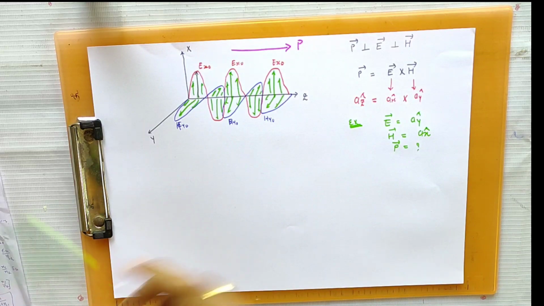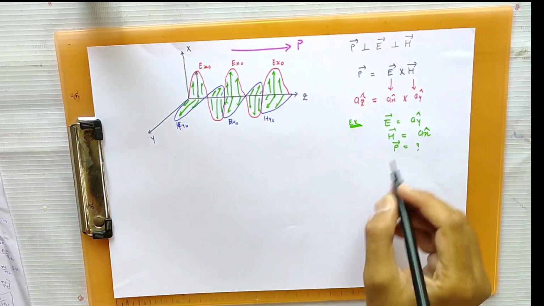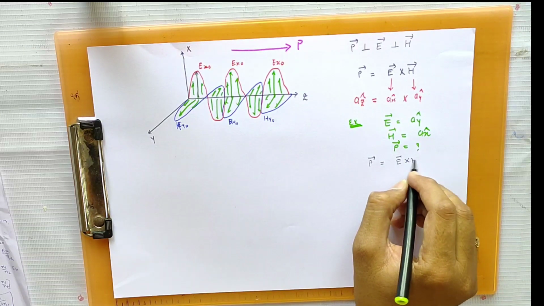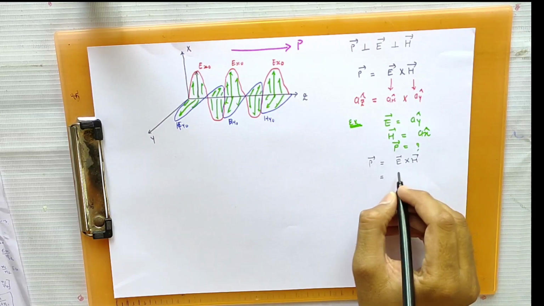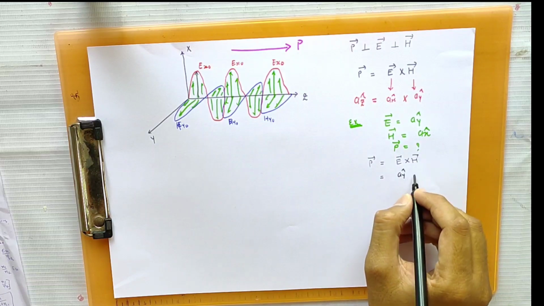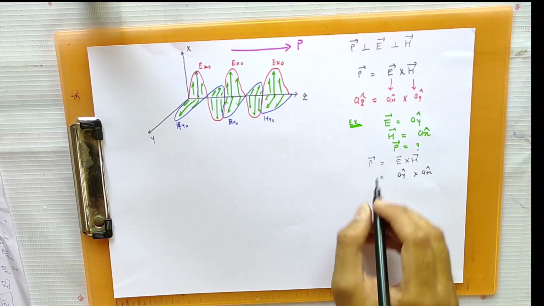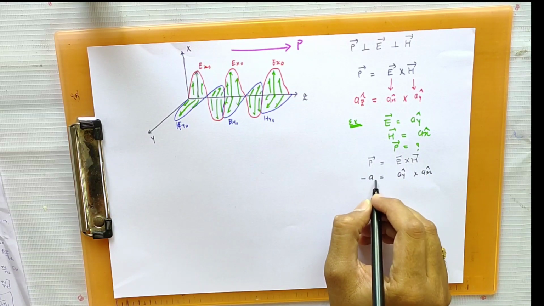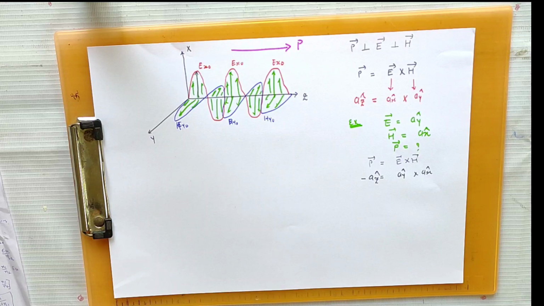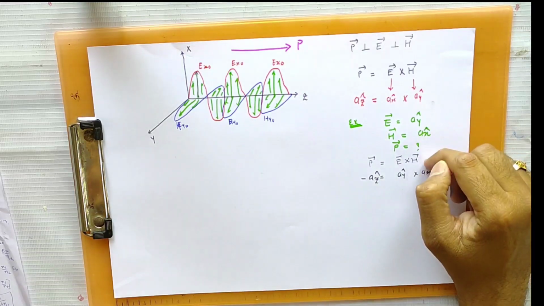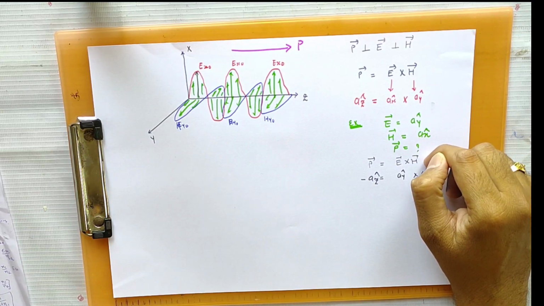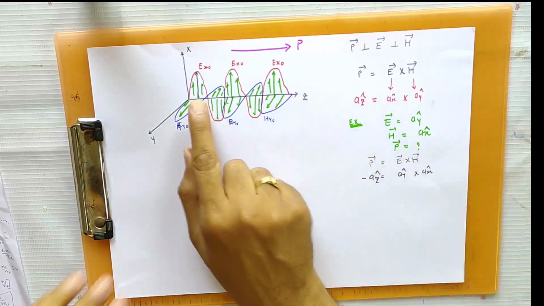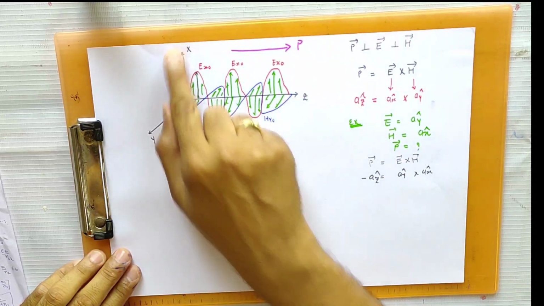We just apply the formula: the propagation direction is E cross H. E is in the Y direction, H is in the X direction, so the direction is reverse Z. So the direction of propagation is the minus Z direction. Using this cross product you can find the propagation direction. Clear?